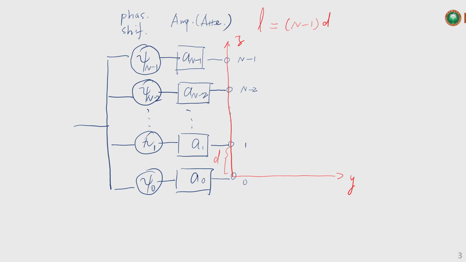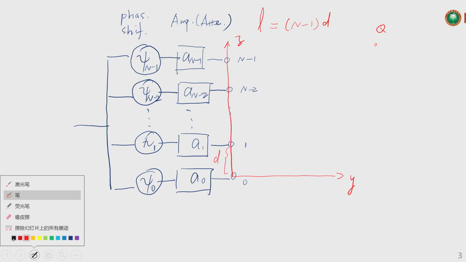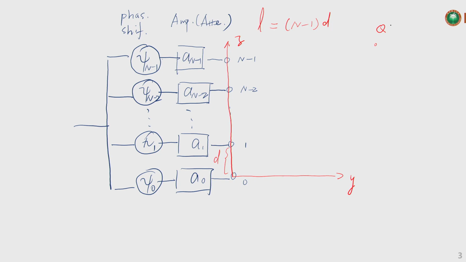Our observation point is located here, and we call it Q. Its distance to the origin of the system is r node, with angles theta and phi.